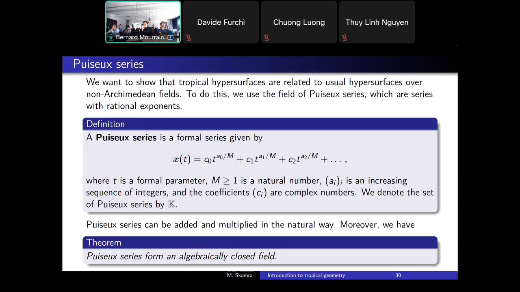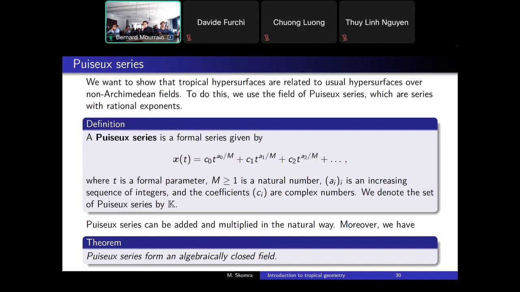So what is the good property of this set? Well, it is that with these two operations, this forms an algebraically closed field. Okay, so if you just take series with natural exponents like Taylor series, then this is not even a field, right?